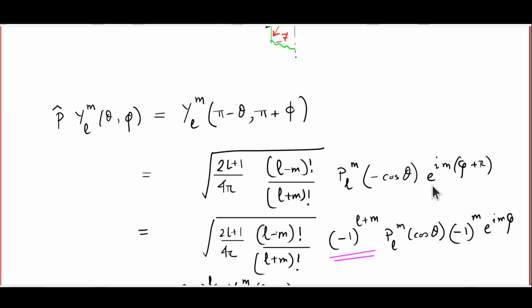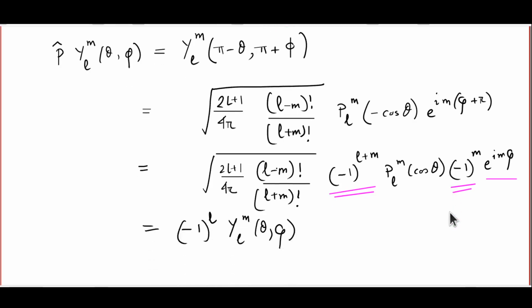As far as the phi part is concerned, you have e to the i m phi, but on top of that you have this extra factor of e to the i m pi, and e to the i pi being minus 1 from Euler's beautiful equation, you get an extra (minus 1) to the m here. So overall, the effect of parity on Y_lm(theta, phi) is you pick up an extra factor which is given by (minus 1) to the l plus 2m, and since m is an integer, 2m is an even integer, (minus 1) to the 2m is 1, so you ultimately end up with (minus 1) to the l times Y_lm(theta, phi).